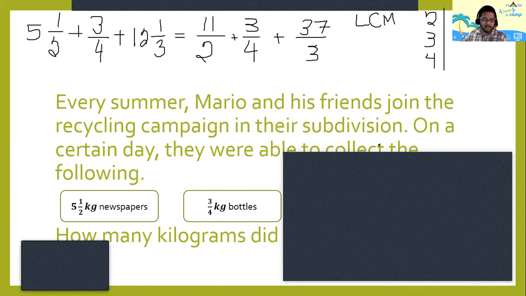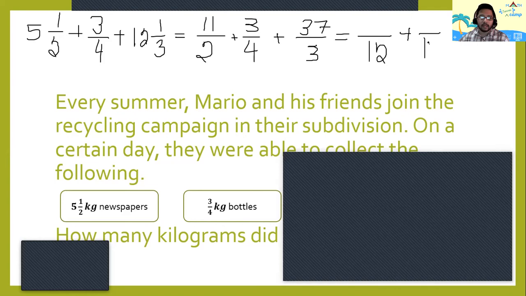Sige nga. Ito, Santi. Santi's found it. 12 daw yung LCM. Tama ba? Can you confirm? Natalie, is that correct? 12 daw po ang LCM of 2, 4, and 3. Yes, it's correct. All right. Very good. Ang bilis mo na pala, Santi. Maybe you need something more challenging. We'll see.